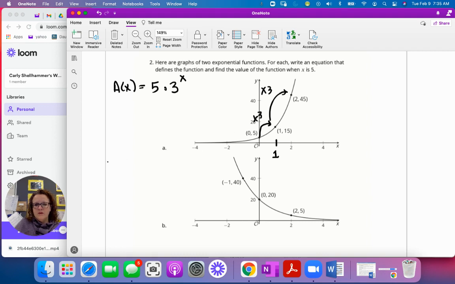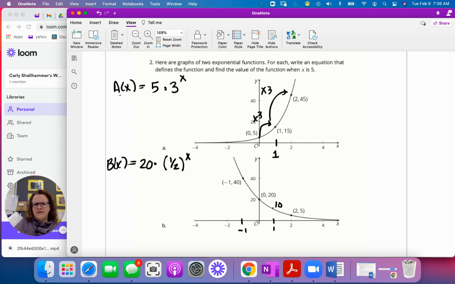Cool. We'll call this b of x. Looks like my initial value is 20. And I don't know what happened at 1, but I can figure it out. So if this went to 10 and then to 5, that means I'm going down by half. Oh, I didn't even see the 40. Good catch. So half of that is 20, half of that is 10, half of that is 5. So we definitely have a decay of 1/2.